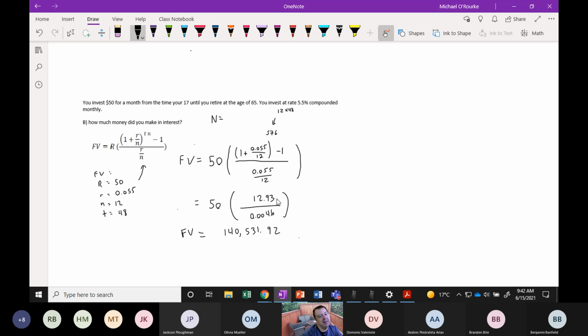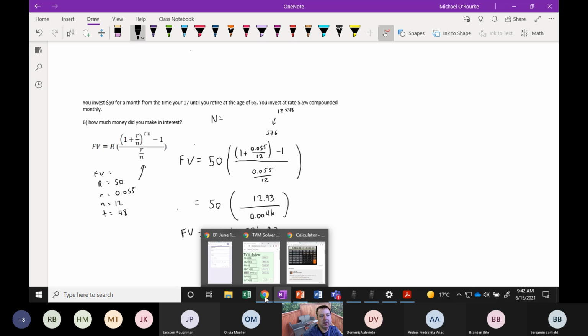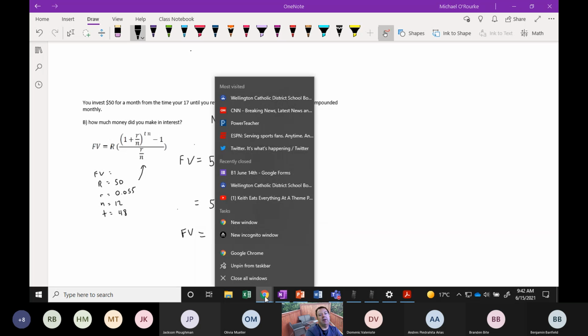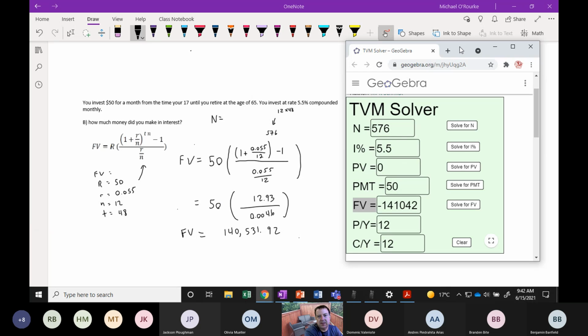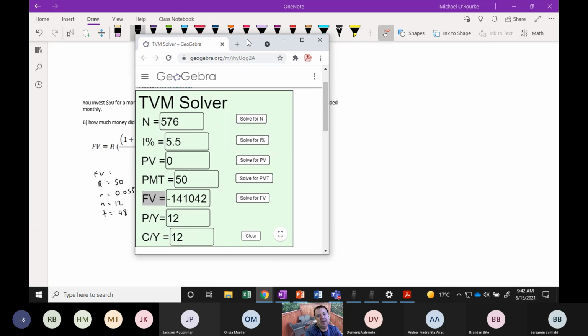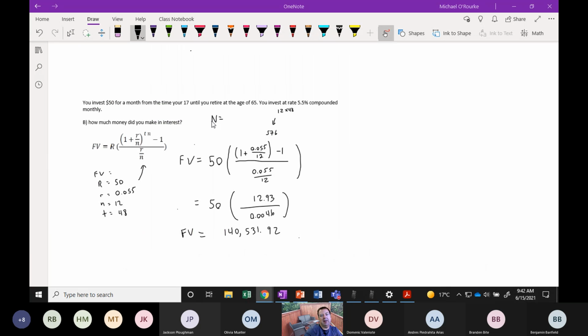If I did the exact numbers and never rounded, I'd get a slightly different answer. But because we're writing in this middle step, we have to round the numbers, which gets rid of these trailing decimal places. Okay. Now, if you're to hand this in, yeah, negative on the TVM solver is okay. If I was handing this in via the TVM solver, I'd write this.